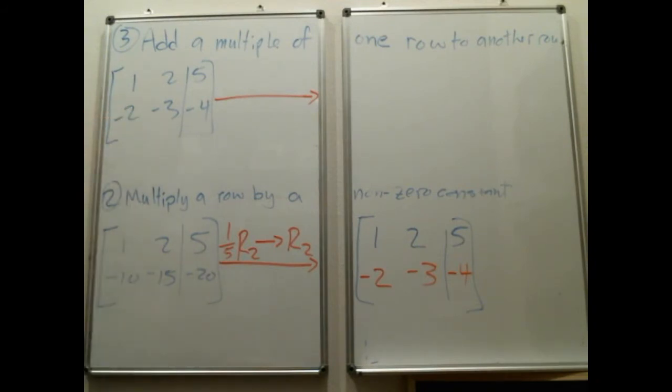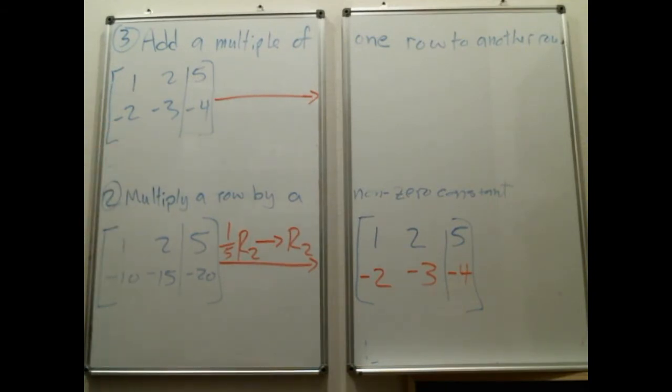All right. And the way we can do that is by multiplying this first row by a positive 2, and adding it to row 2. So let me say that again. The way we make this negative 2 a 0 is by multiplying row 1 by 2, because 2 times this 1 gives us a positive 2. And then you add it to negative 2 gives us a 0. Alright, let's try.